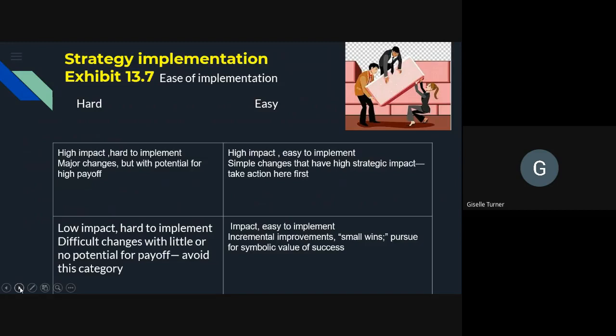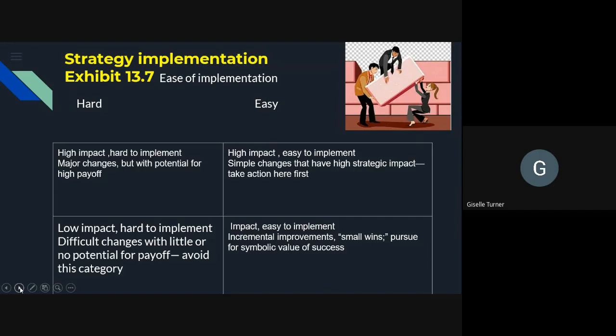On that lower end, we have the low impact, hard to implement, difficult changes with little or no potential for payoff. And this is a category that should be avoided. And then we go on to the easy side now, where we have the high impact, easy to implement, simple changes that have high strategic impact. Action should be taken here first. And last but by no means least, you have low impact, easy to implement, incremental improvements.